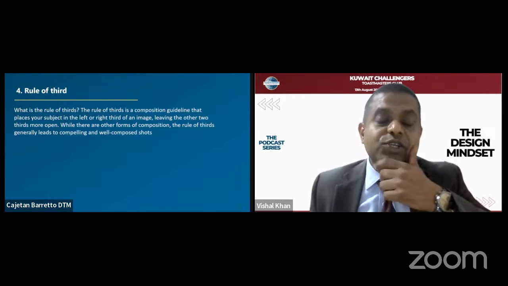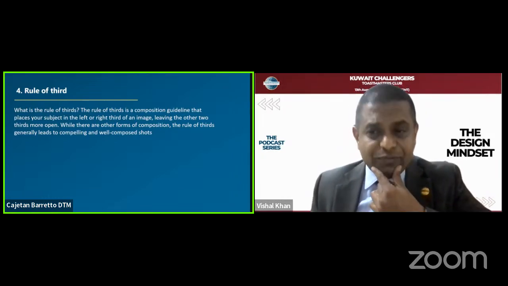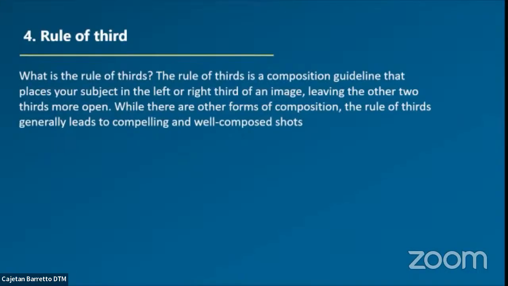So, the next concept is called the rule of thirds, which is very popular with most photographers. It is also a very compelling design concept used by most designers. Now, what exactly is the rule of thirds?